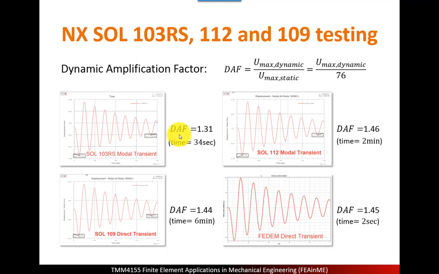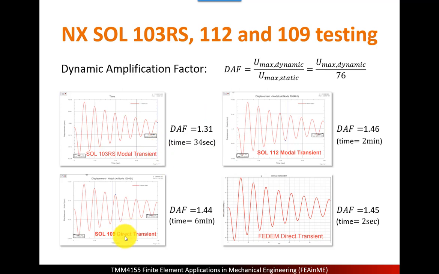The dynamic amplification factor for the SOL103 RS was 1.31, and for the SOL112, which is also a modal-based solver, was 1.46. So SOL112 gave us a higher amplification factor, which is a bit strange because I've selected the same 4 modes to represent the structural flexibility for both examples.